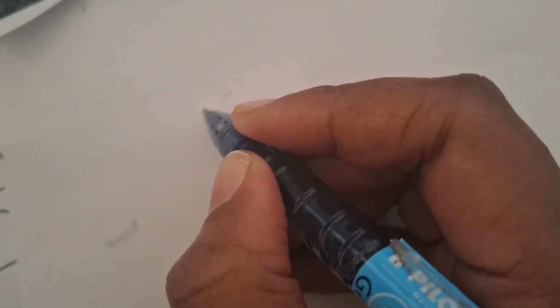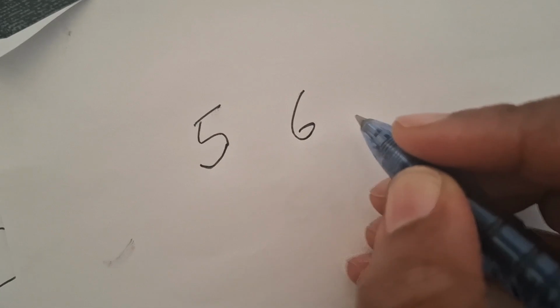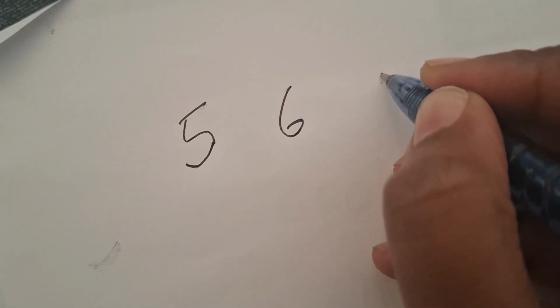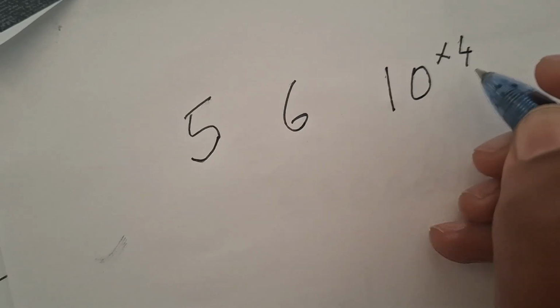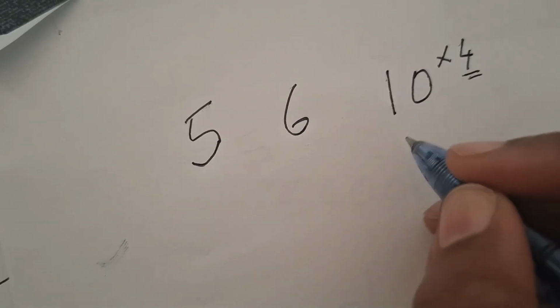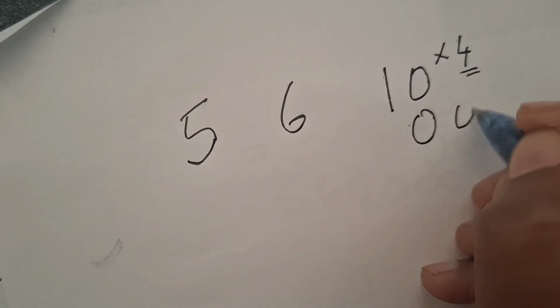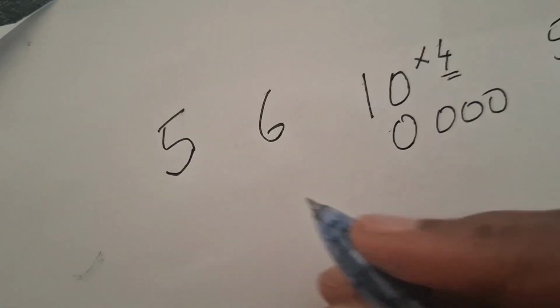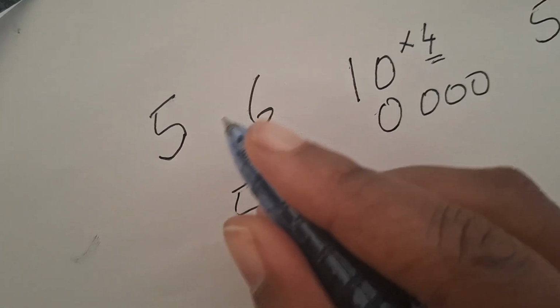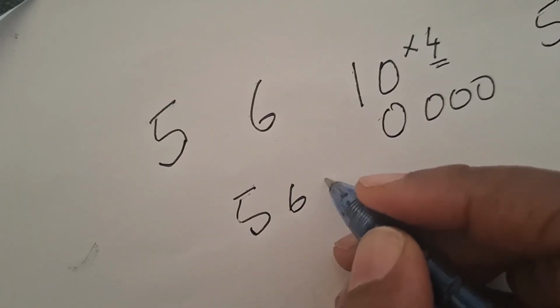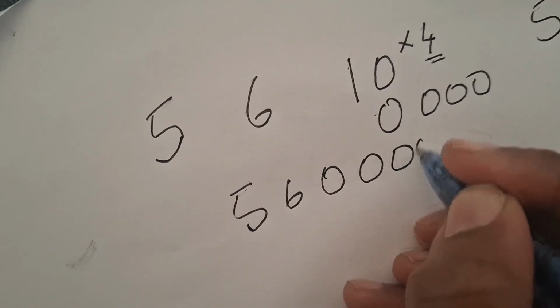For example, if our resistor had color bands of value 5, 6, and then the multiplier is 10 to the power of 4, we take this 4 and represent it with 4 zeros, and hence our resistor would be 5, 6, and the 4 zeros.